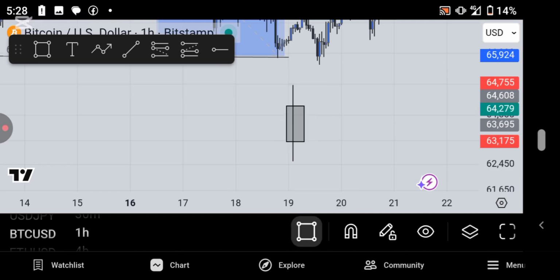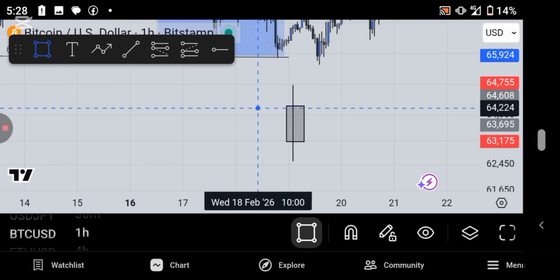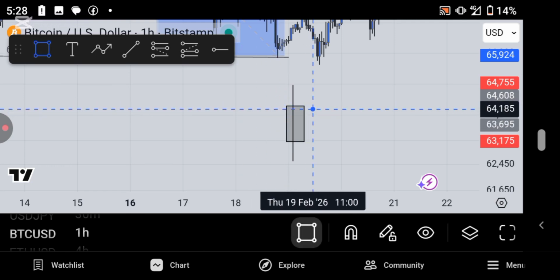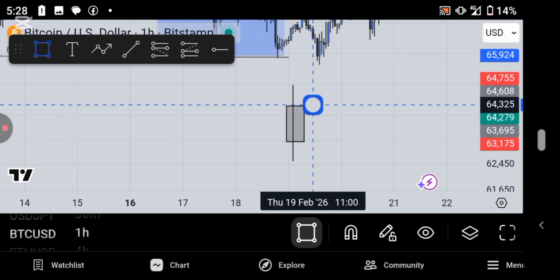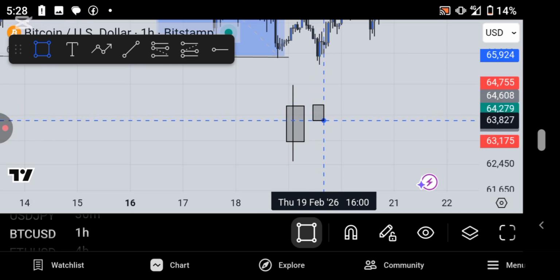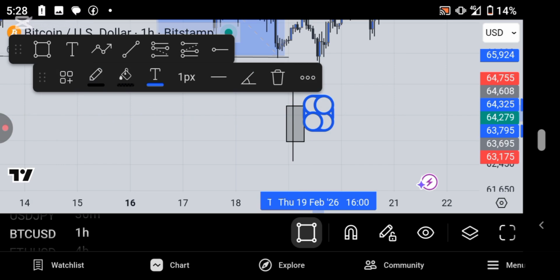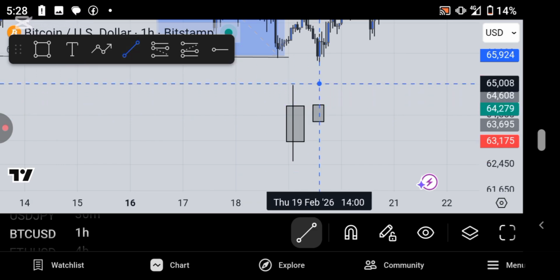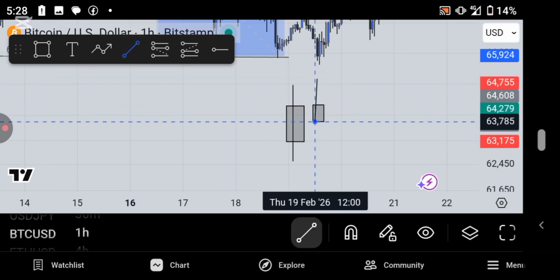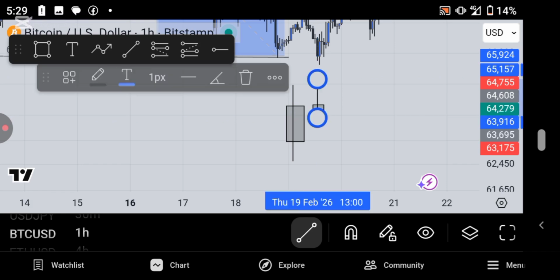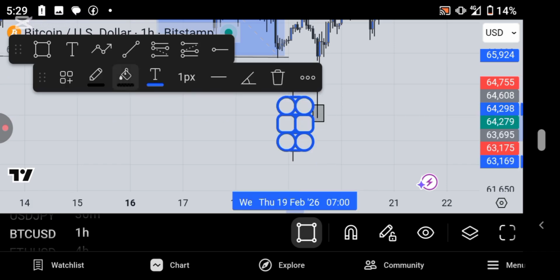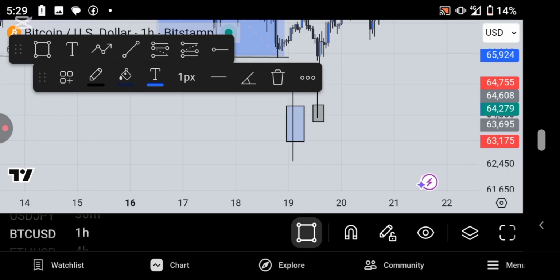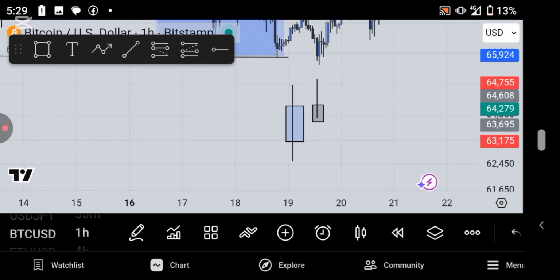First, we have the candle which is known as the candle range. Then we have the second candle, which is known as the sweep. This is the sweep candle, and the next candle, let me change this color to blue, so it will be a bullish candle. Let's explain a sell scenario.